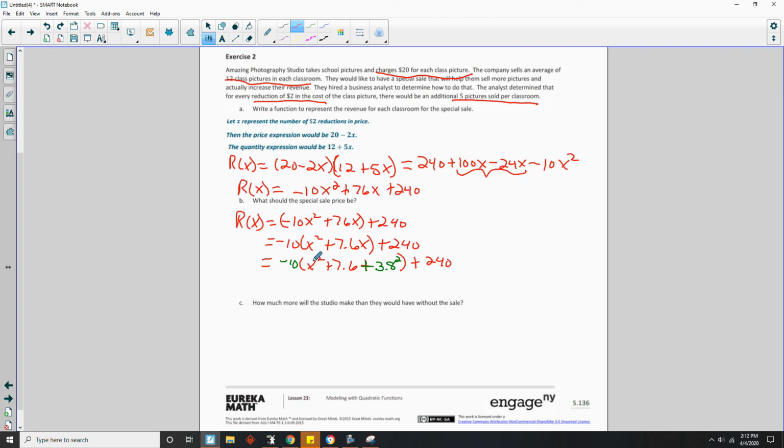And since I'm subtracting 10 times 3.8 squared, then I want to add the 10 times 3.8 squared.